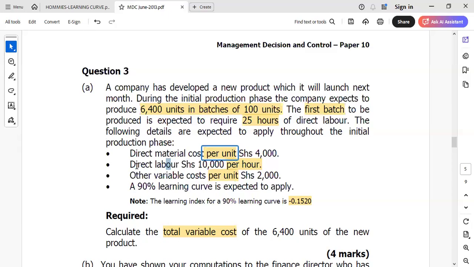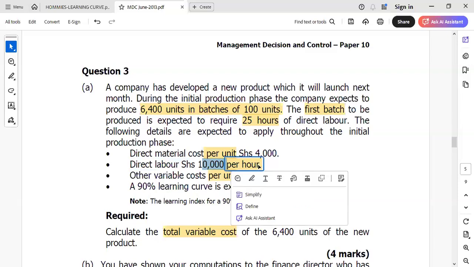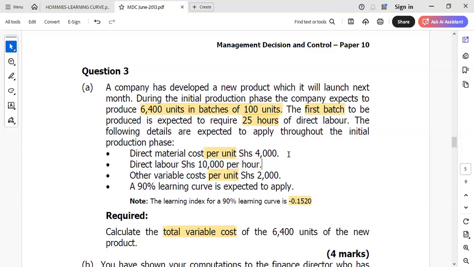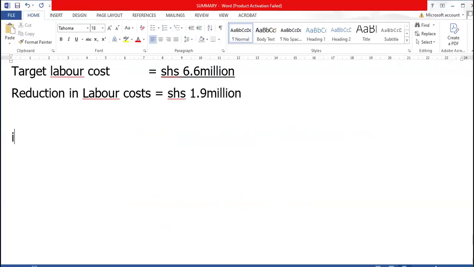Remember, initially, when you look at our question, the direct labor was shillings 10,000 per hour. So if it's 10,000 per hour, 1 hour of labor costs shillings 10,000.